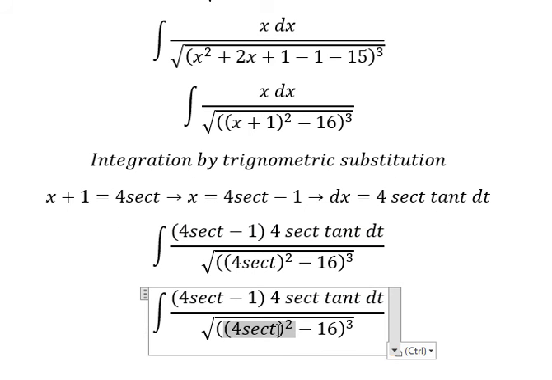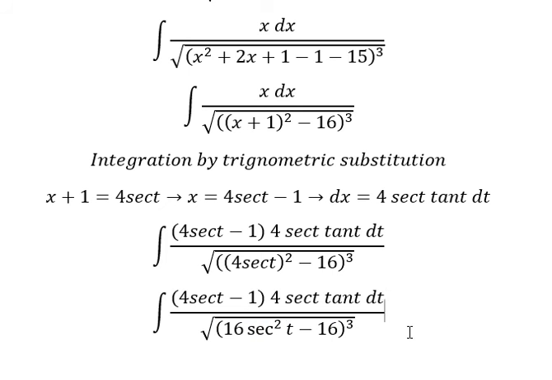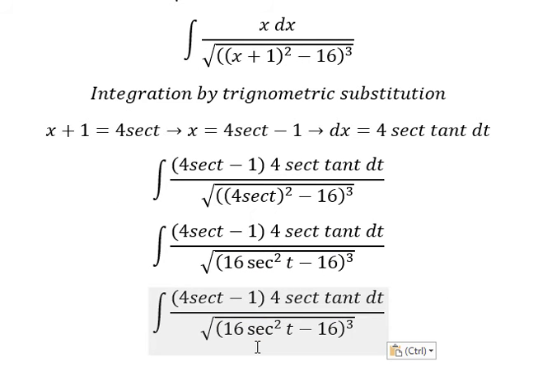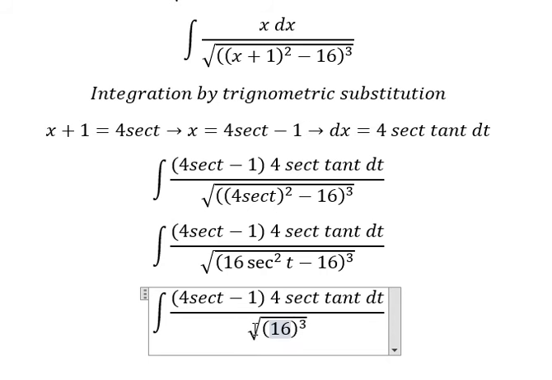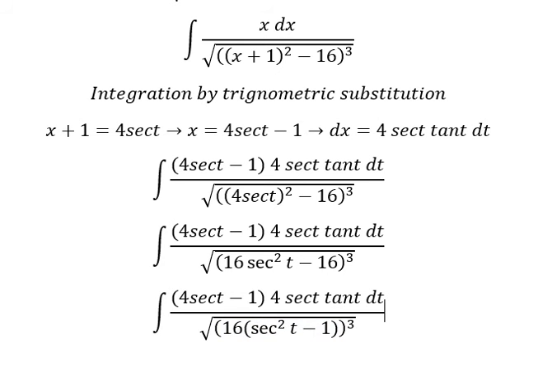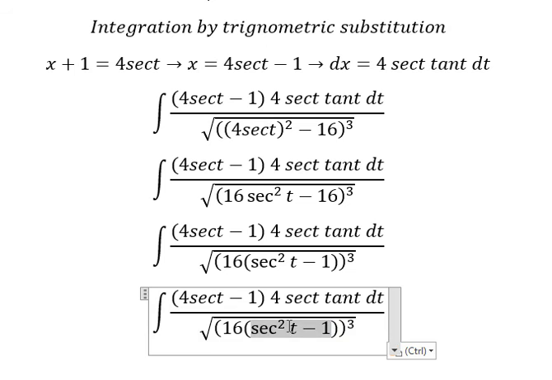Now this one, we will have 16 secant of t squared. Number 16, we can do factorization. This one we change to tan t squared.